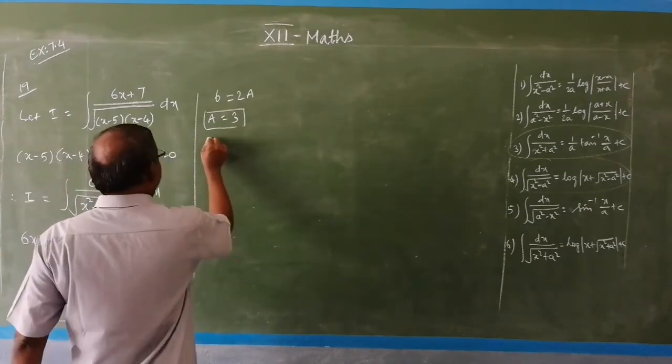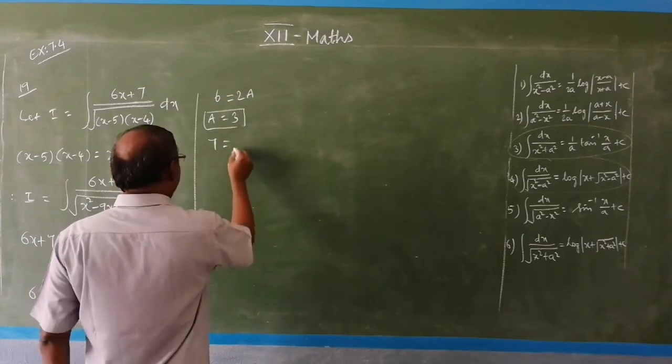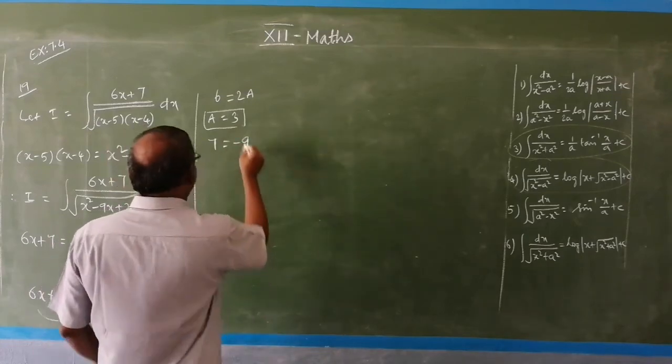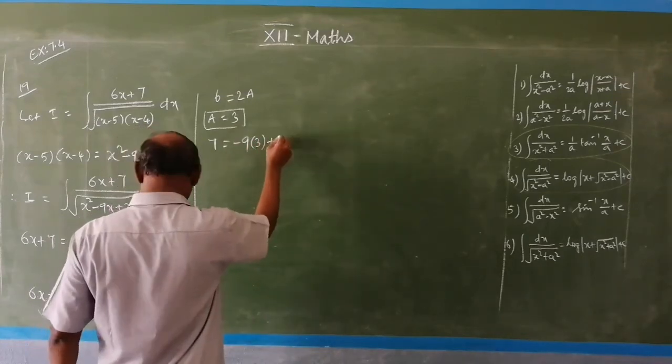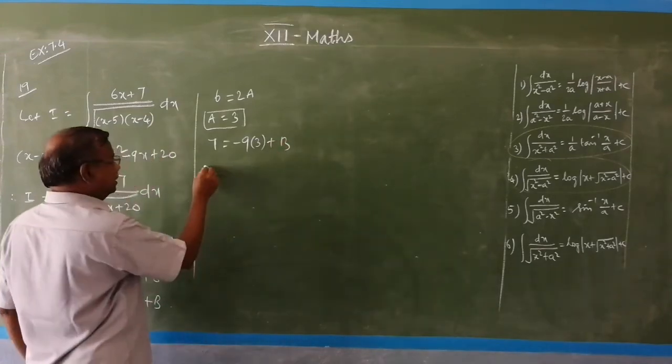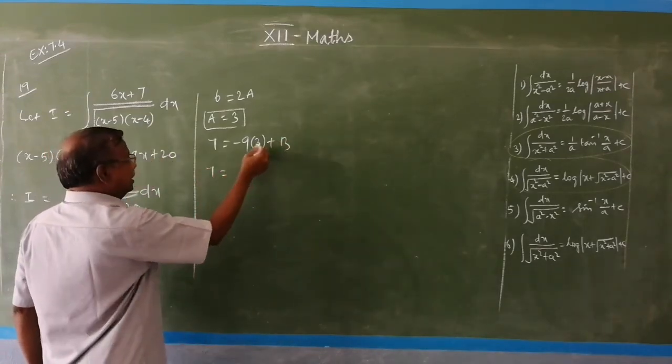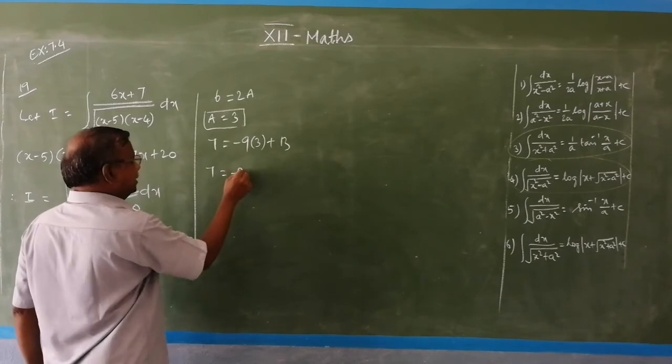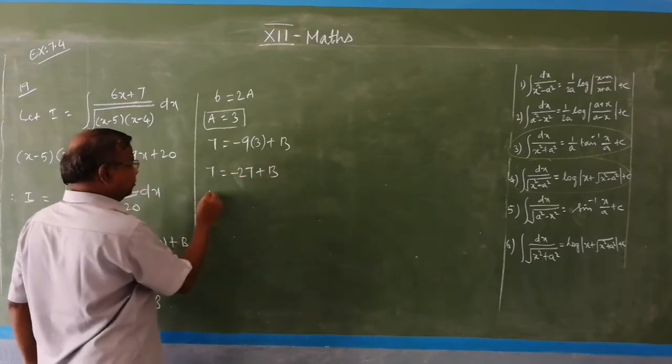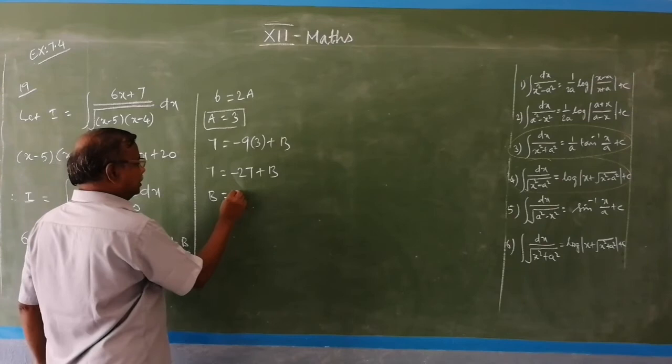And equating constant terms, 7 equal to minus 9 into a, that is 3, plus b. Here 7 equal to minus 27 plus b, so b equal to 34.